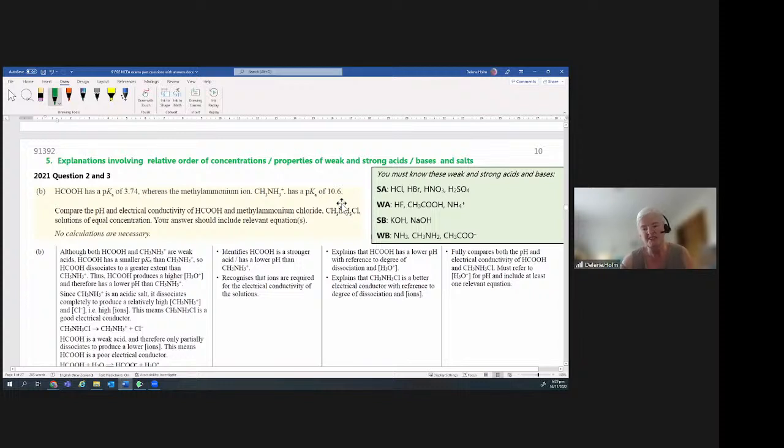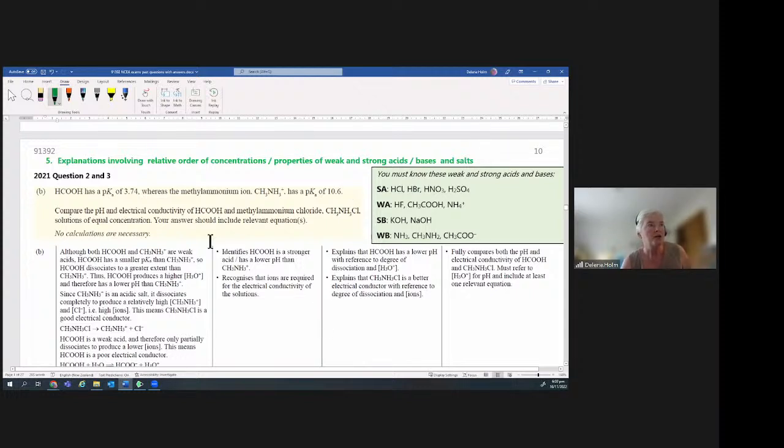So basically, you can't divide by naught, because remember, it's products over reactants. So if it's gone all the way to products, you're dividing by naught. I mean, in reality, it's by such a tiny amount. So we just don't give Ka values for strong acids or strong bases.